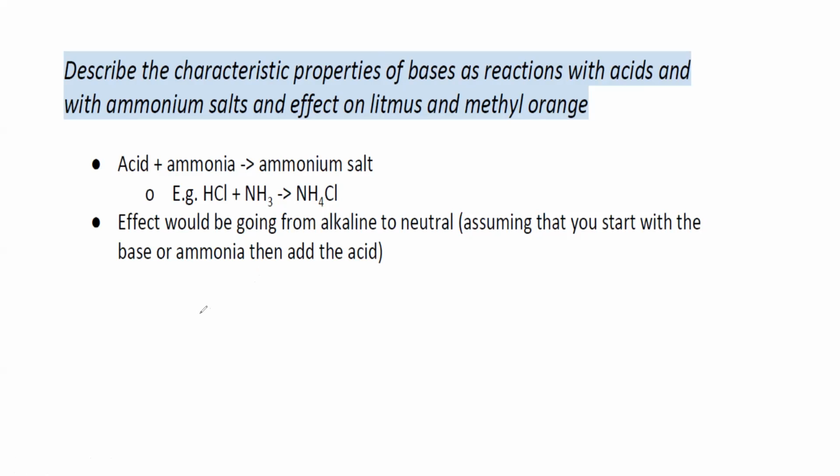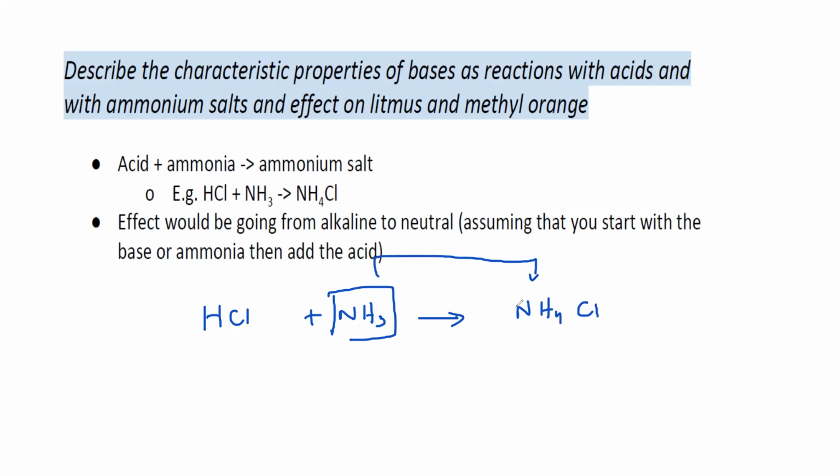For example, with the previous example, HCl was there and it is reacting with NH3. As a result, it turned into the salt ammonium chloride. So what will be the change? First it was NH3 and then it turned into NH4. If NH3 turned into NH4, it means it accepts or takes a proton.